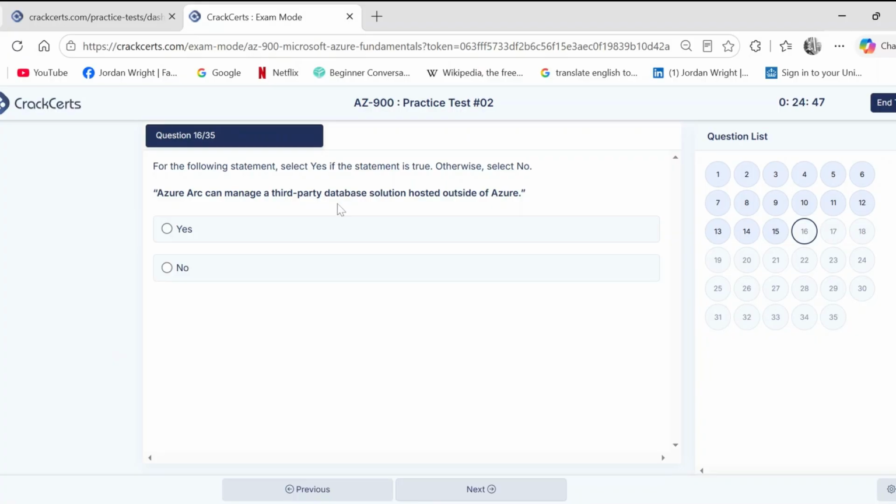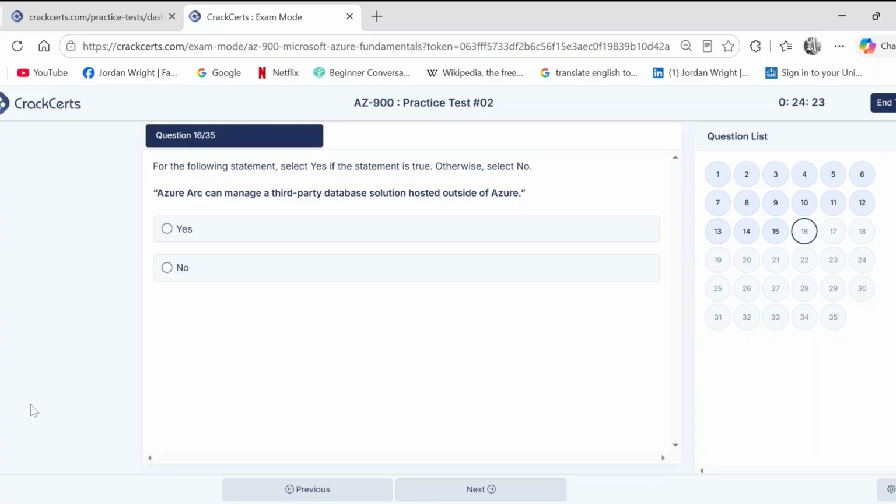So Arc can manage a third party database solution hosted outside of Azure. This is a tricky one. No, it's a third party. Yep. No, you're 100% right.